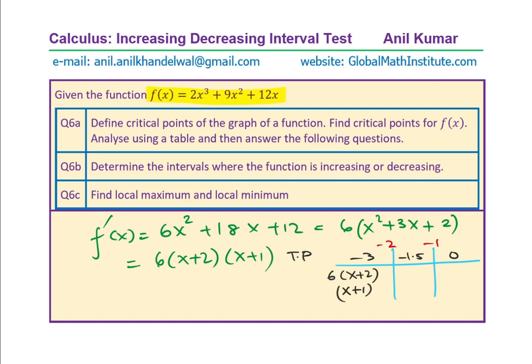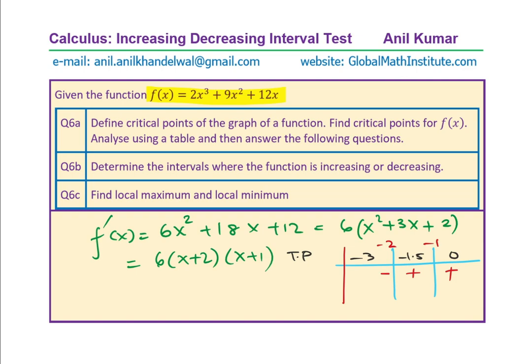Okay. Let's put in minus 1.5. We'll make this as positive only. This is also positive. But here it is going to be negative for minus 2. Minus 3, right?